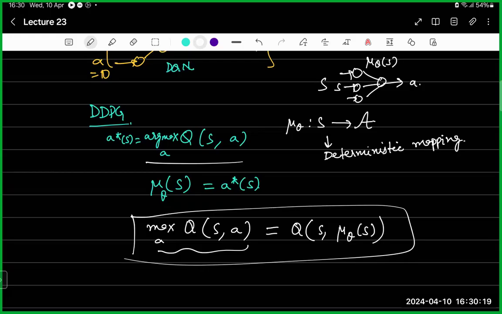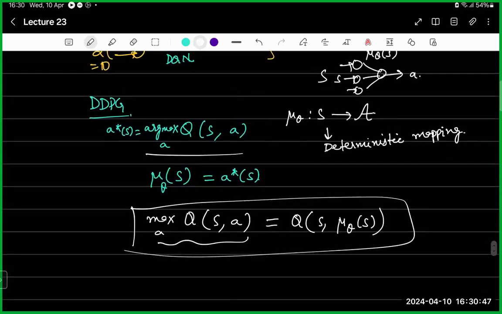It's like a regression, right? You take in some state features and give one real number as output, where A is the argmax over Q of S comma A. Is this problem setup clear? Because it was tough to find the max over A, we are directly trying to learn a mapping from S to the best action according to our current Q.